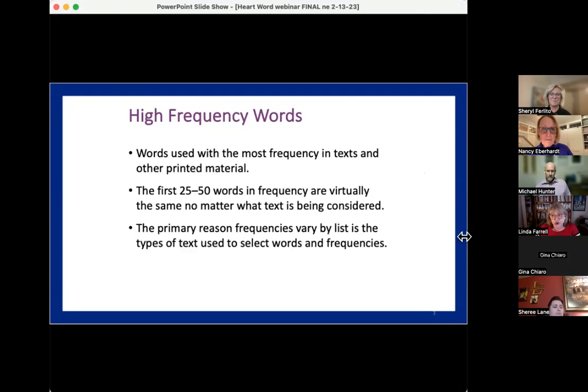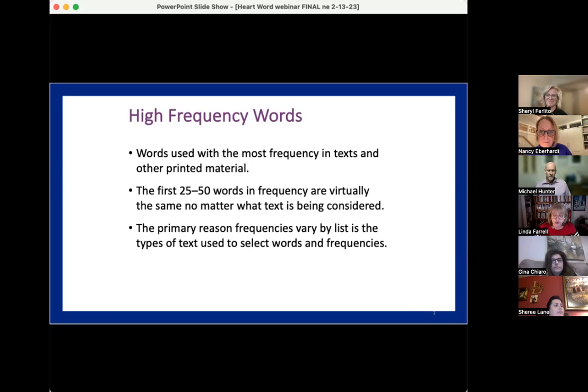But I'm going to show you that the first 25 to 50 words in the two most common high frequency word lists, which are the Dolch 220 and the Fry 300, plus the new one, Zeno, the 107 that people are looking at, are virtually the same.